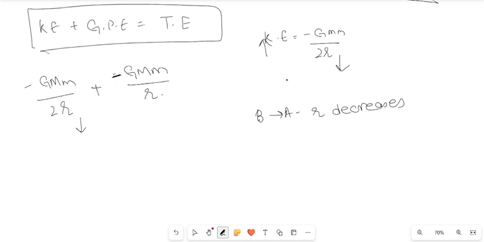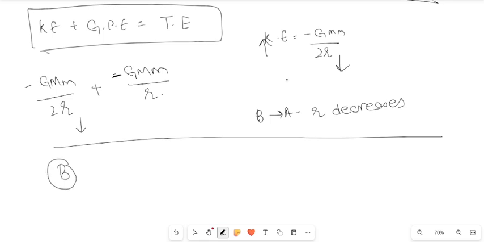Why are we saying that? Let me give you an example through numericals. Initially, let's say the kinetic energy at B, the answer that I get was minus 20. And then when it goes to A, it becomes minus 70.